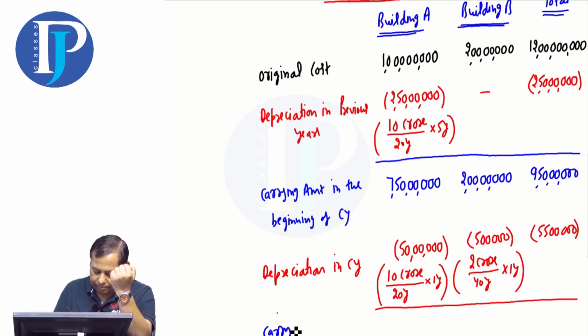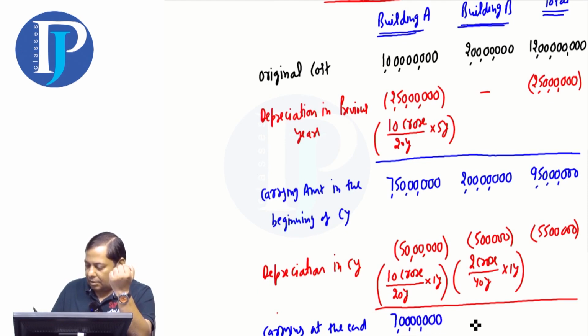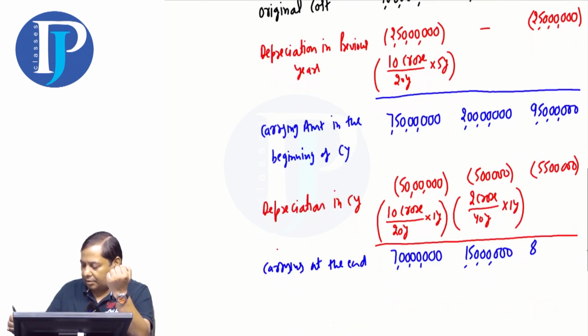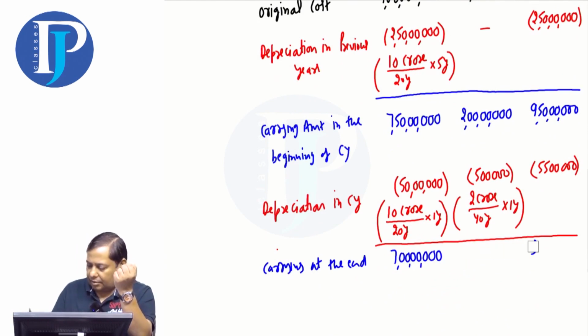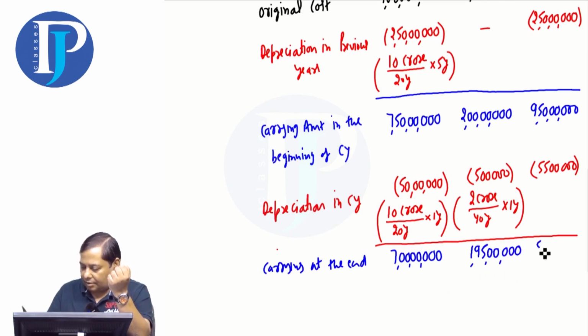Carrying amount at the end. So this will be 7 crores here, 1.5 crores here. This will be 8 crores. This is 5 lakhs, right? So this will be 1 crore 95 lakhs. Now it's right. The total will be 8.95 crores.